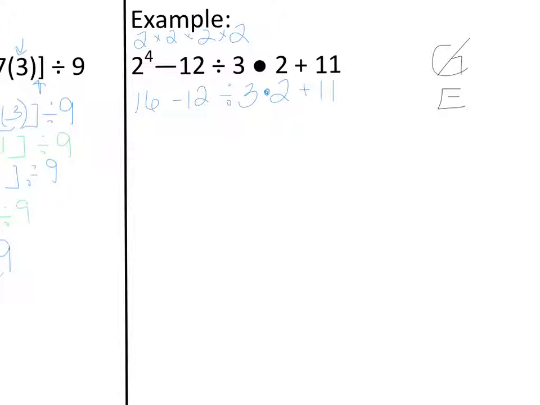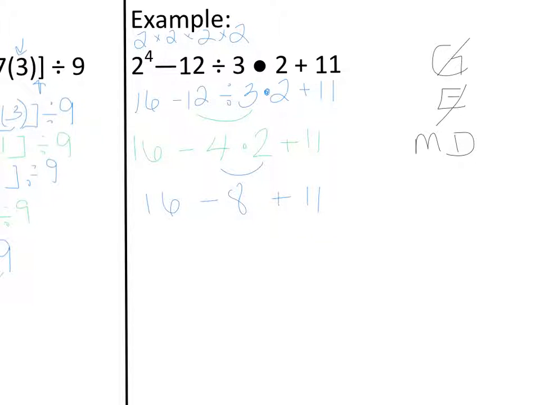Now that our exponents are done, we move into multiplication and division. We have both, but the division comes first. 16 minus 12 divided by 3 is 4 times 2. And then we can do 4 times 2, which is 8.